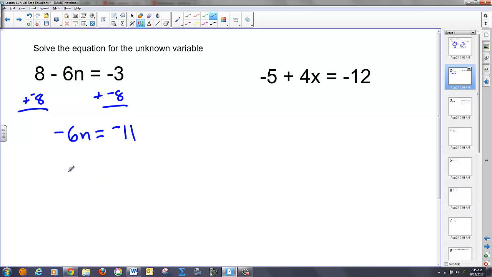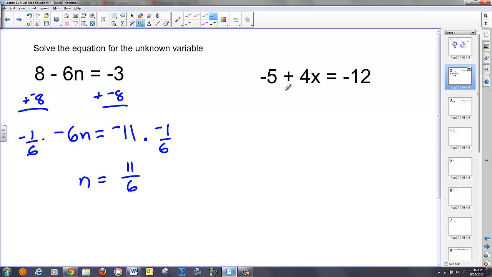Now what I'm going to do is undo this multiplication of a negative 6. If I want a positive 1 here, I have to multiply by negative 1/6 to both sides. We multiply two negatives together, we get a positive, and 11 times 1/6 is positive 11 over 6 is equal to 1n.